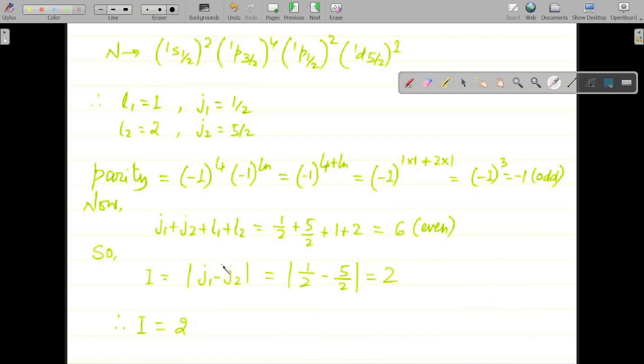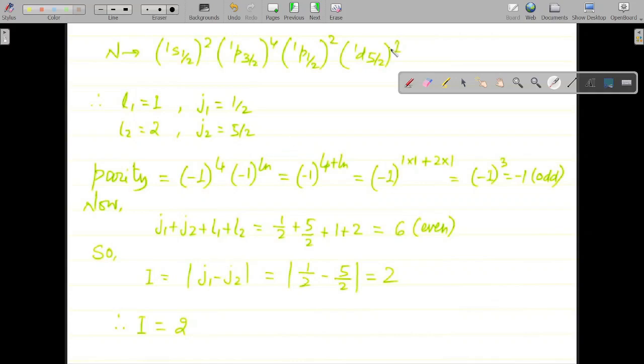And whenever J1 plus J2 plus L1 plus L2 is odd, over here it is even, but when it comes out to be odd, then the value of the ground state spin is given by J1 plus J2 instead of J1 minus J2.